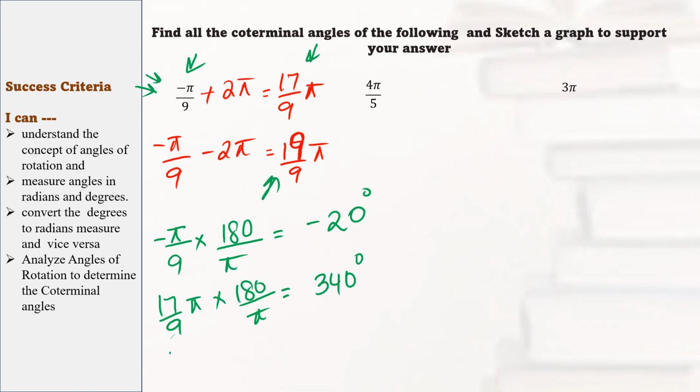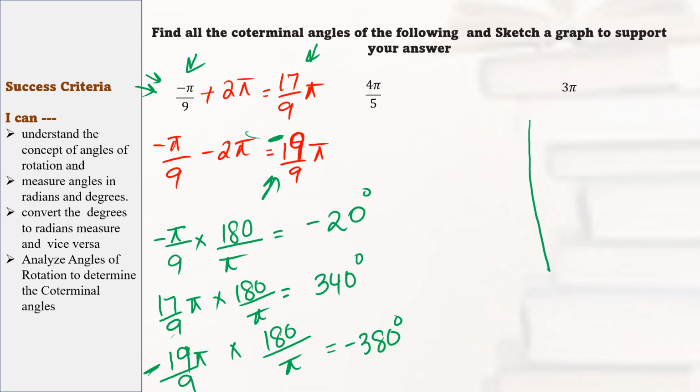Similarly, here I have negative 19 over 9 pi, and I multiply by 180 over pi. So simply I will get 20 times 19, which means minus 380 degrees. Okay, let's try to make this very easily.